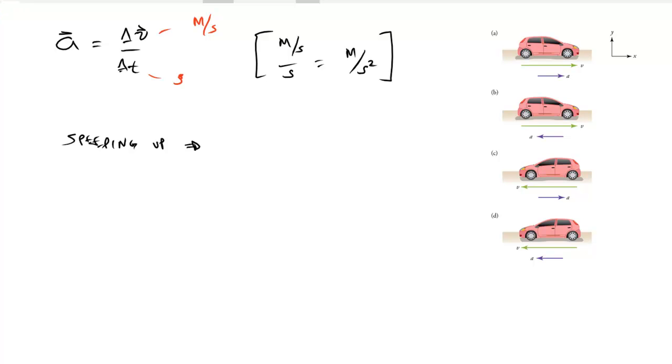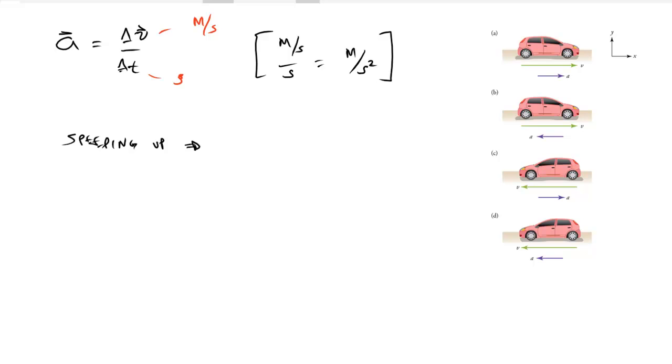If I have a velocity to the right, I also have a change in velocity to the right. Since the change in velocity is our acceleration, we have an acceleration to the right.